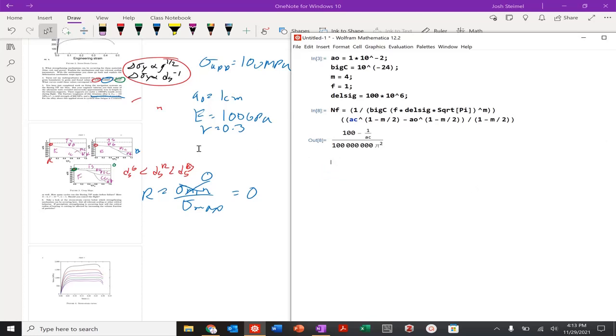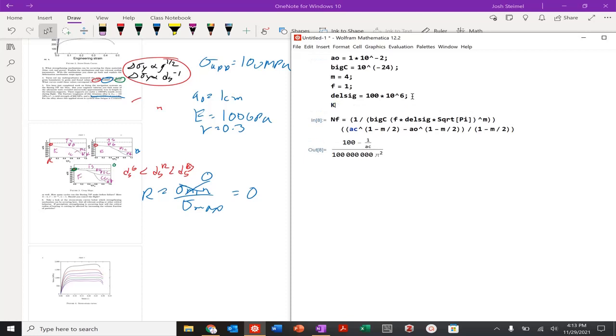We're given, essentially in this problem, that K1C is equal to 100 times 10 to the 6th.